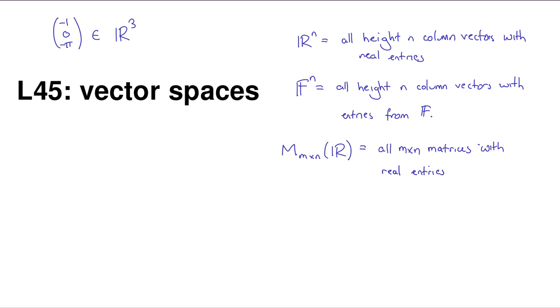And of course we'll generalize that to let us talk about sets of matrices whose entries come from any field. So M subscript m times n of F will mean all the m by n matrices whose entries come from the field F, no matter what that field is.